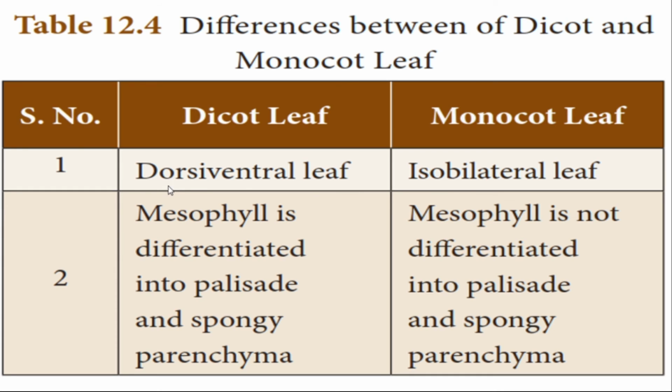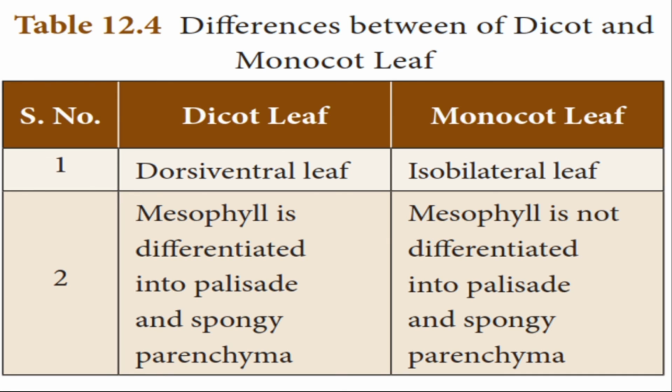The dicot leaf we call dorsiventral, the monocot leaf we call isobilateral. Dorsiventral, I already told you, the veins are present like a network structure, so we cannot split it into equal parts. But in the monocot leaf, the leaf veins are present longitudinally.